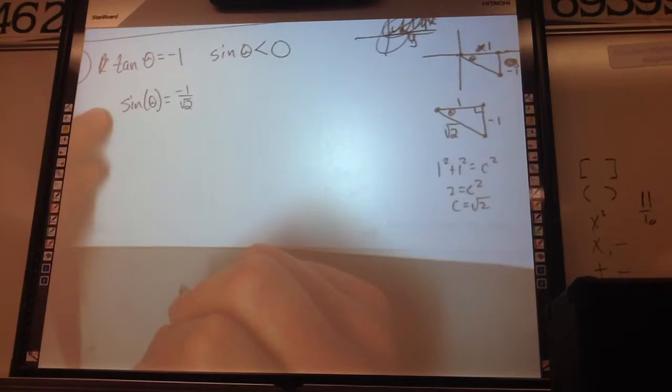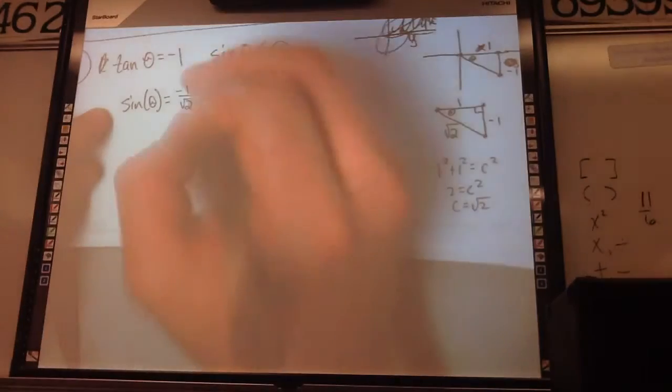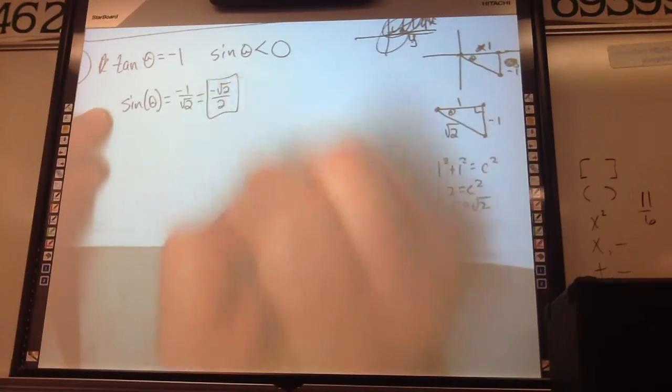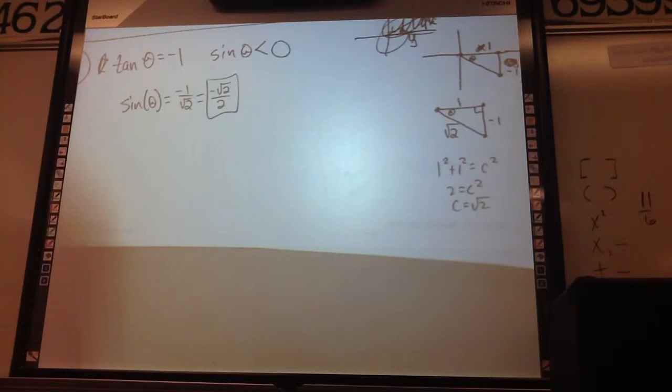It's the picture that's confusing. We can't have a square root on the bottom for a fraction.